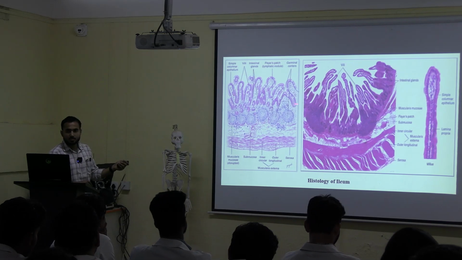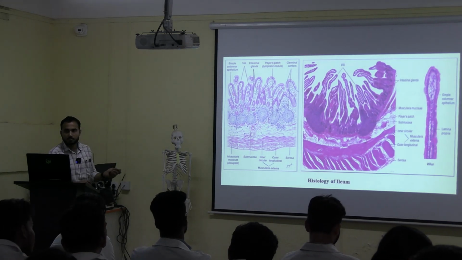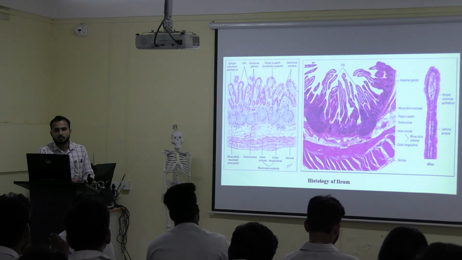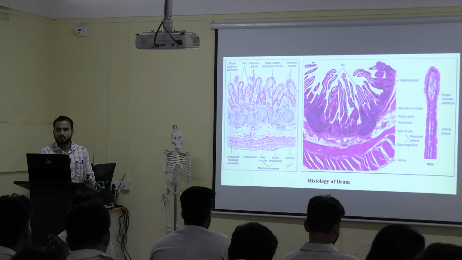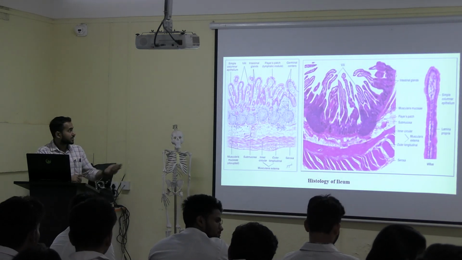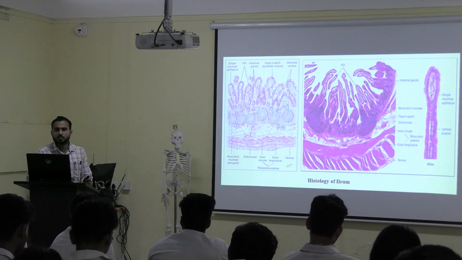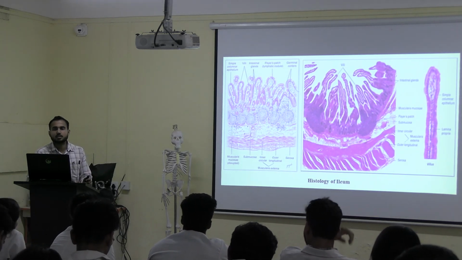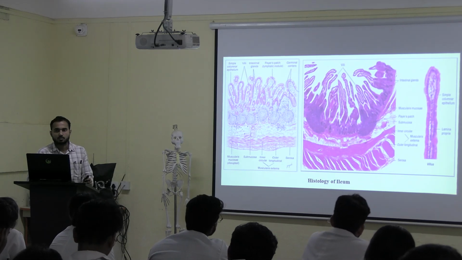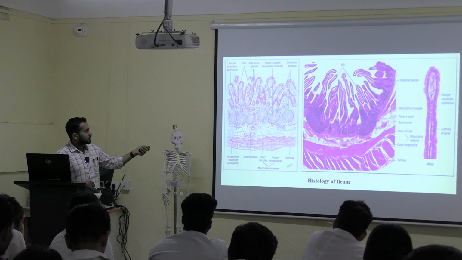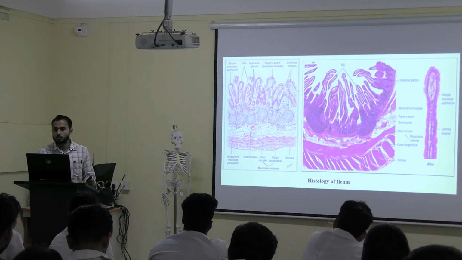Now what is this? This is the histology of ileum. What have you noticed over here? First, see the villi. The length of the villi are shorter as compared to the duodenum and jejunum. Next, focus on the lamina propria. What can you see? Peyer's patches are more.